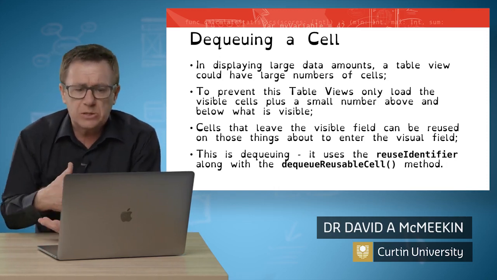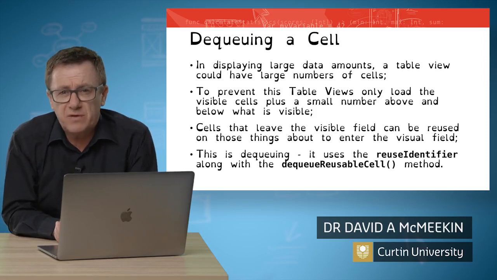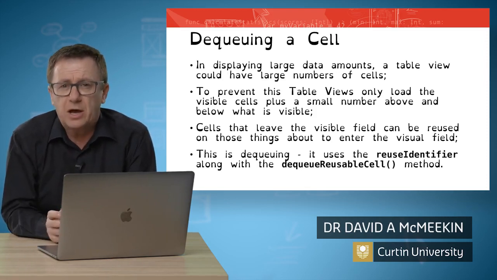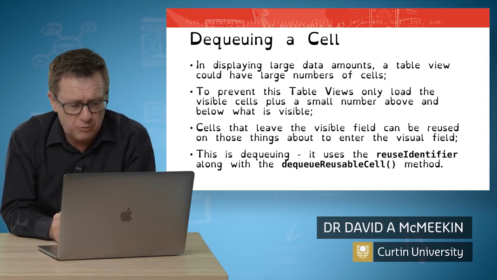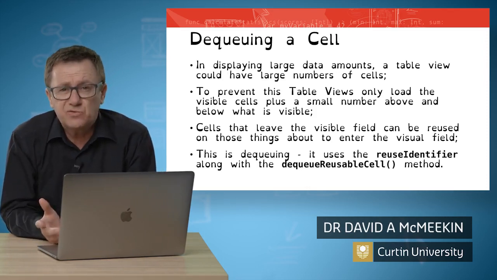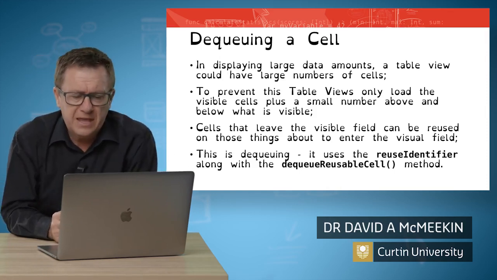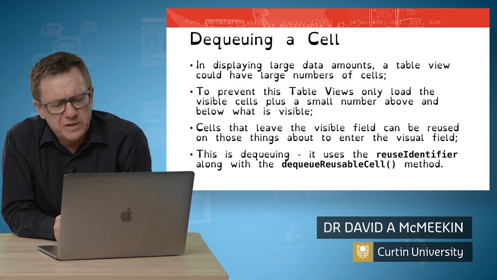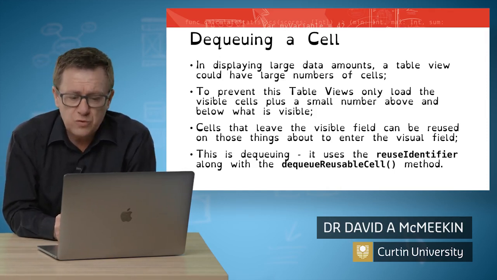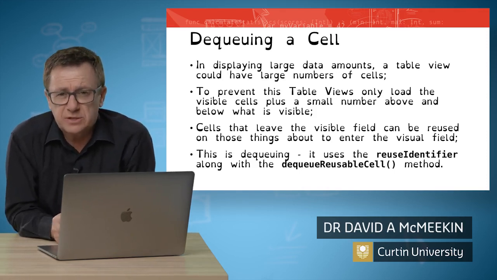And then as the cell leaves the visible field, that cell can be reused by iOS to continue populating our table views. So this is really dequeuing. It's dequeued and brought back in. And doing this, we use the reuse identifier along with the dequeue reusable cell method. And we'll see these things used when we tackle the exercises.